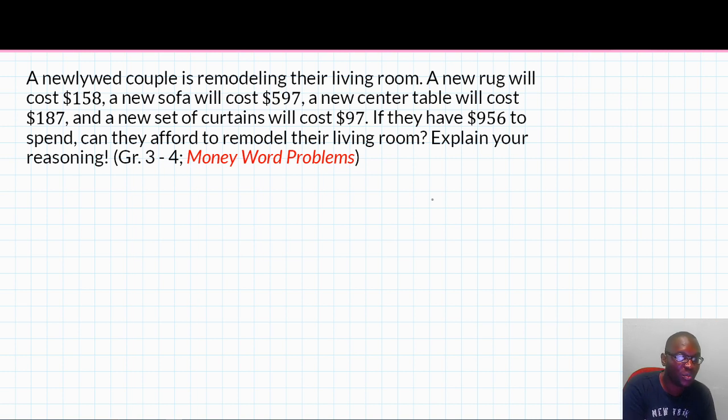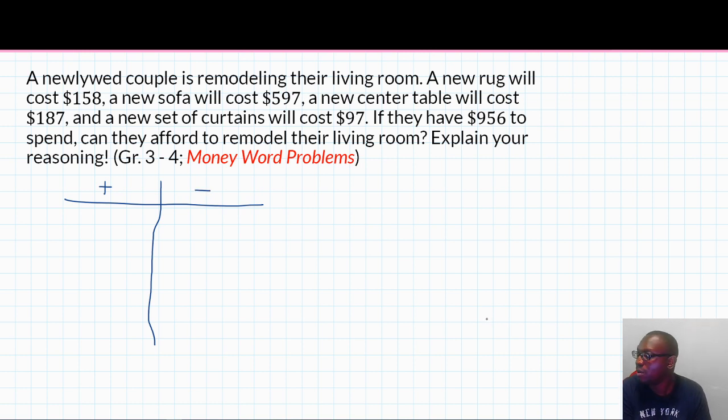Don't forget my preferred approach to this is to draw a table. We're going to draw a table here, and in the table we're going to have a plus section here and a minus section, and the plus section is going to have the amount of money that the couple has, which is $956, and then the minus section is going to have the amount of money they're planning to spend.